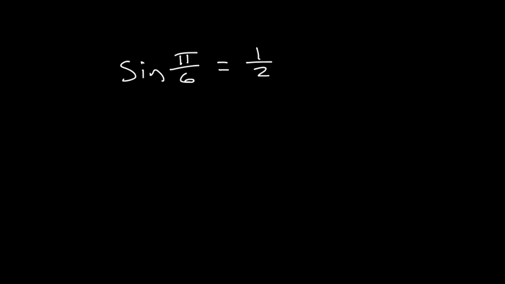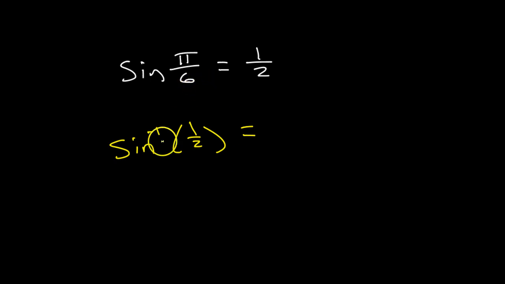Now, if I asked you this other question, what is the inverse sine of 1/2? Well, I am asking you for an angle. An inverse trig function is an angle. Let that soak in. An inverse trig function is an angle.